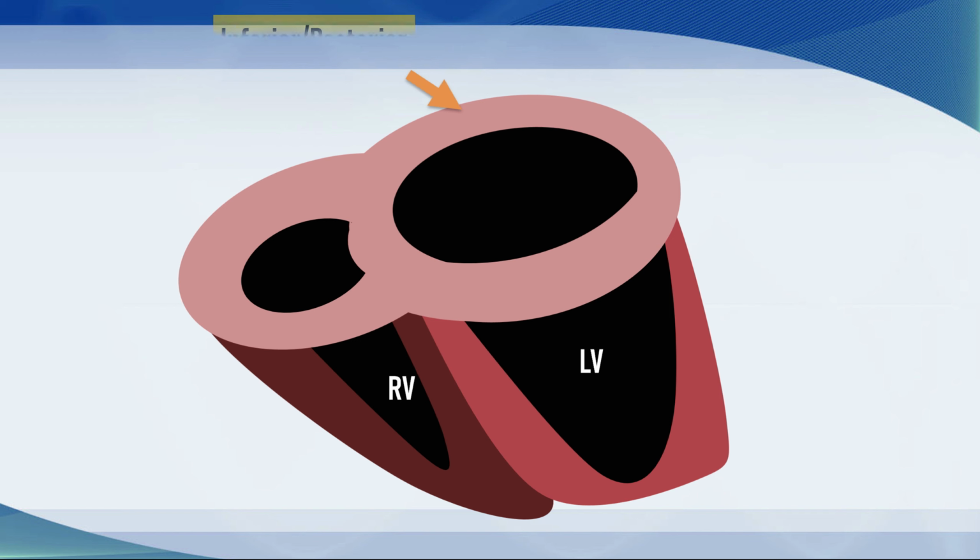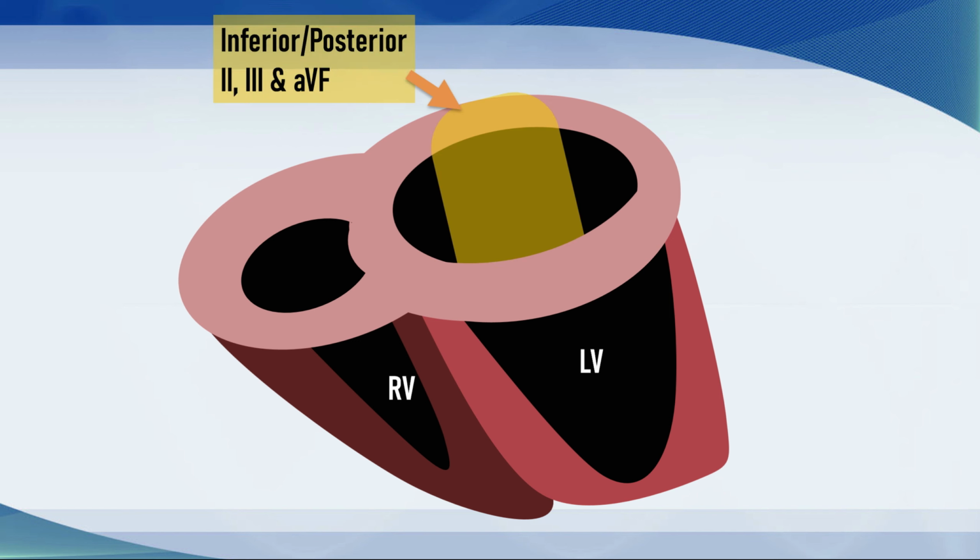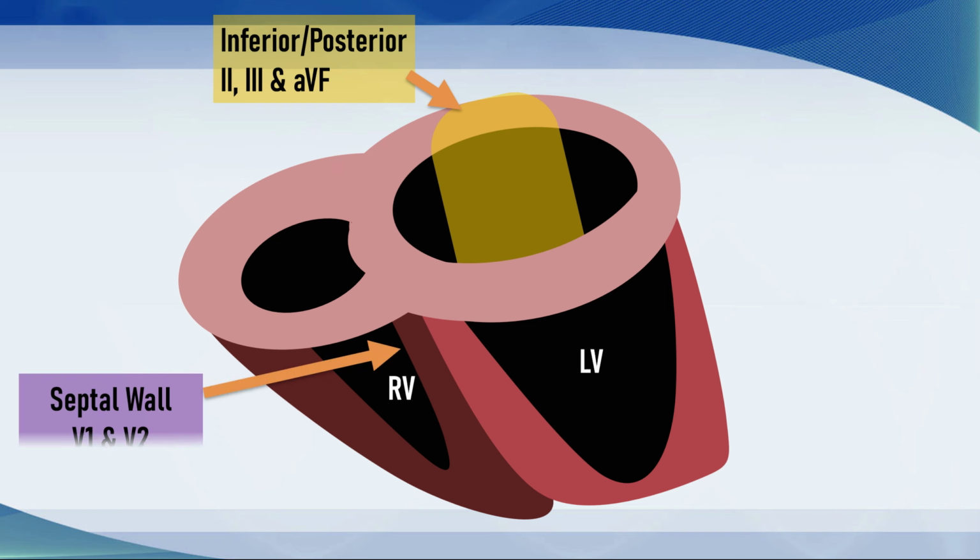Sitting at the back of the heart are the inferior and posterior walls, and ischemic damage is seen on the limb leads 2, 3, AVF, with lead 1 the location for posterior wall ischemia. Working our way around counterclockwise, we come to the septal wall, and this is reflected in leads V1 and V2.